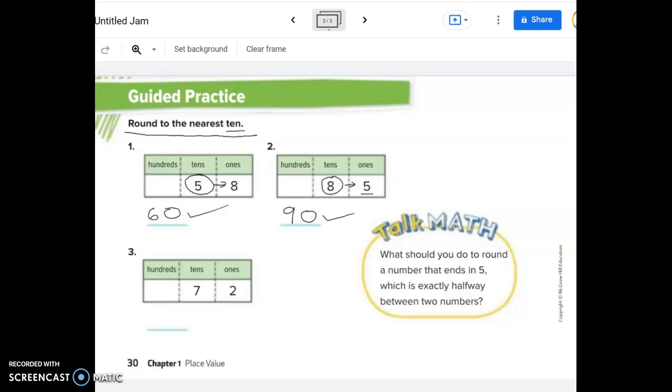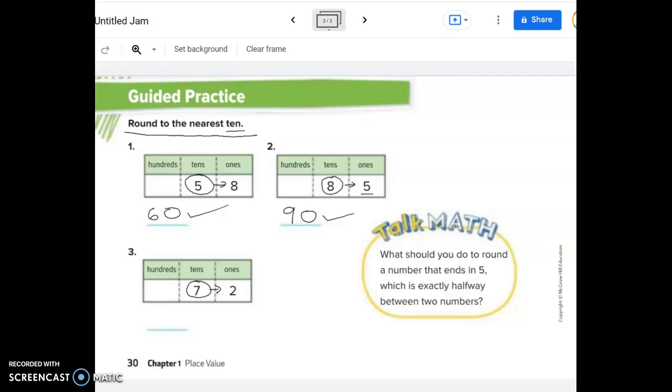Then we go on to number 3, and here we have something different. If I look at the number that we're rounding off, that is the 7, we circle the 7, and we look to the right, and we see that it's a 2. This time 2 is 4 or less, so it belongs in that category, so we have to lower the number down to 0.